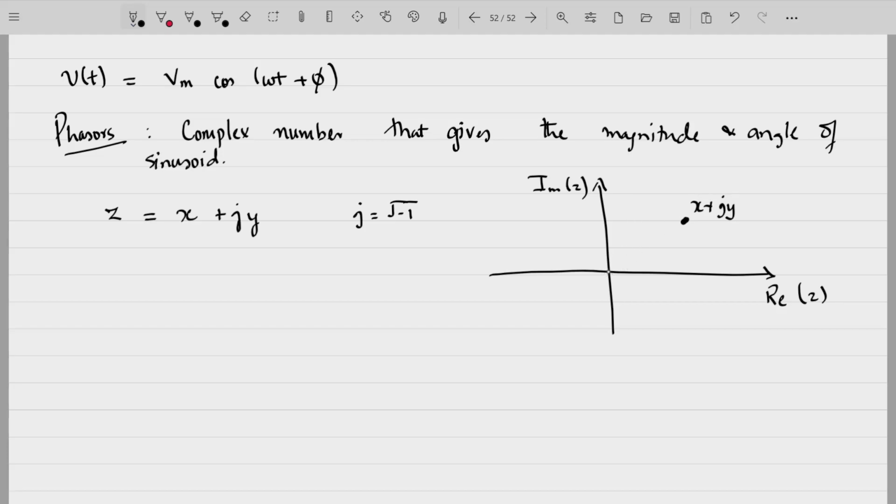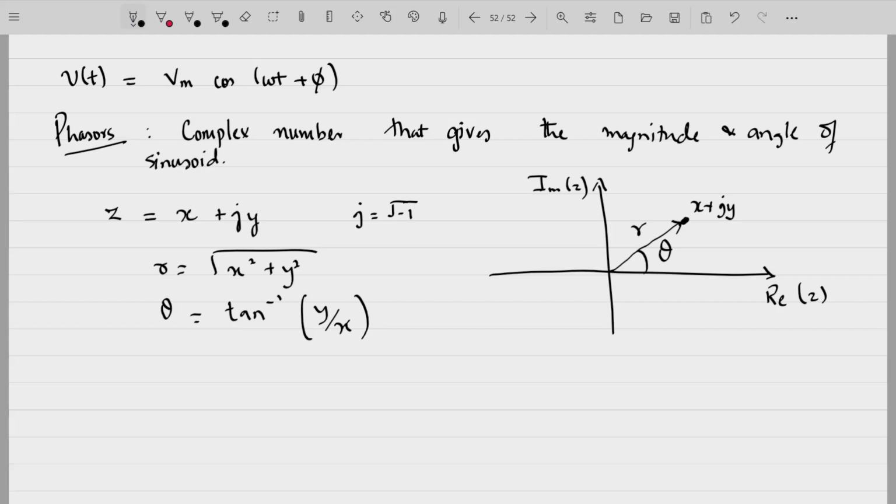This particular complex number will have a magnitude and also an angle or a phase, say theta. The magnitude r is given by the square root of x squared plus y squared, and the phase theta is given by tan inverse of y by x. So this you already know for a complex number.